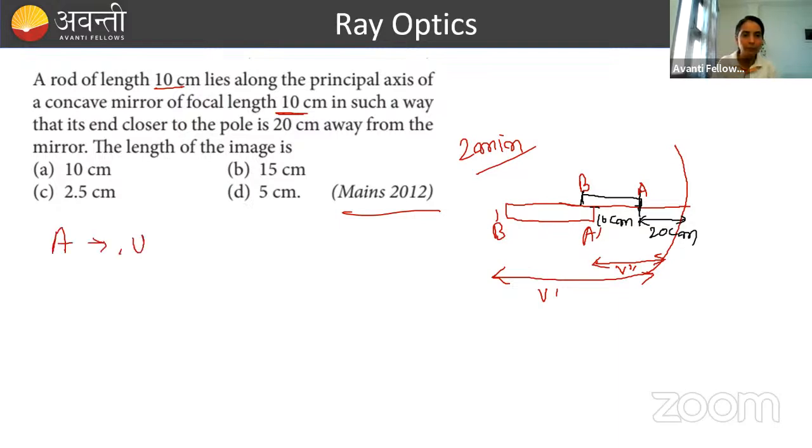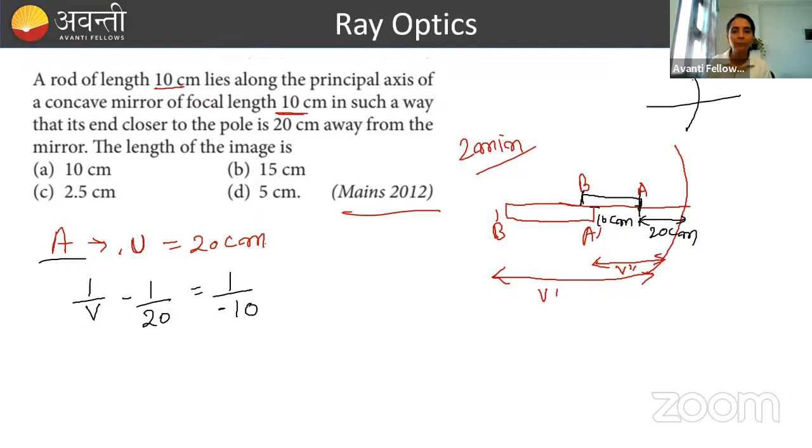For A, what object distance is given? That is 20 centimeter. So to calculate the image distance of A, 1 by V minus 1 by 20 will be equal to 1 by F, that is minus 10. Why am I taking minus? This is a concave mirror. In a concave mirror, what will the focal length be? A ray of light falling on the mirror, after reflection, will cut a point on the principal axis called the focus.